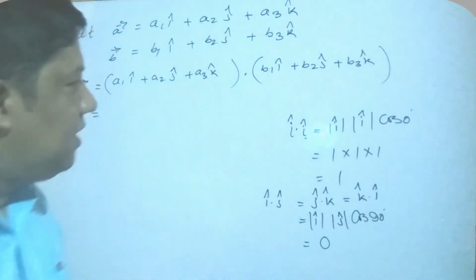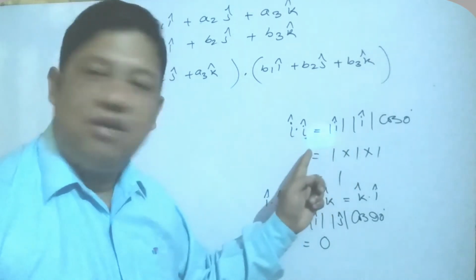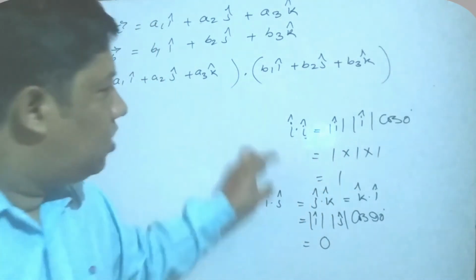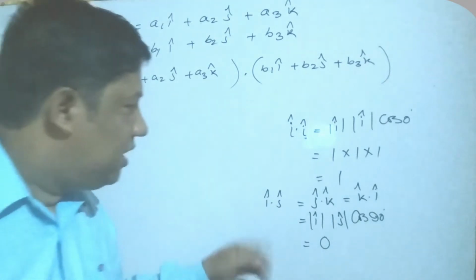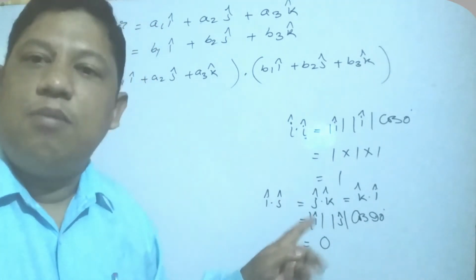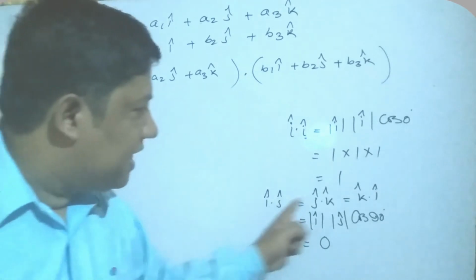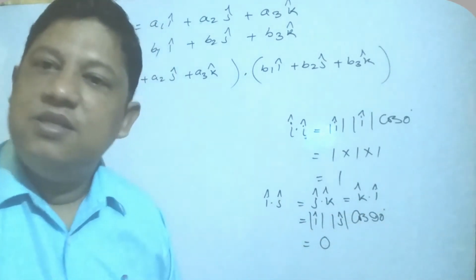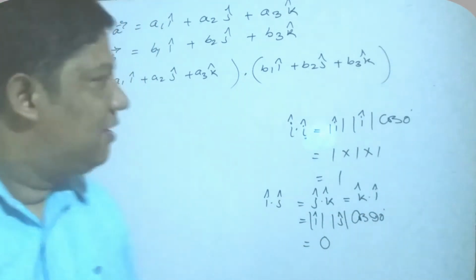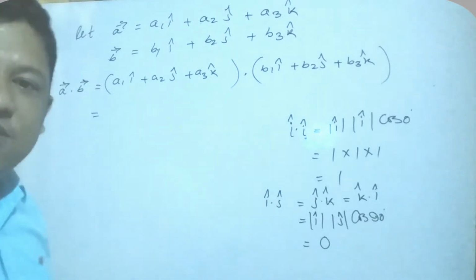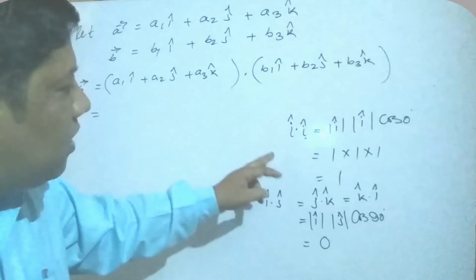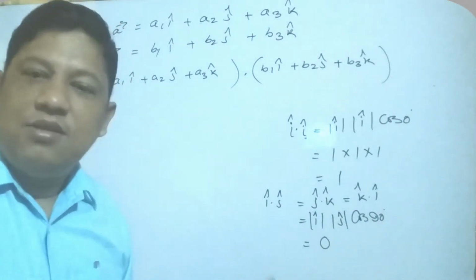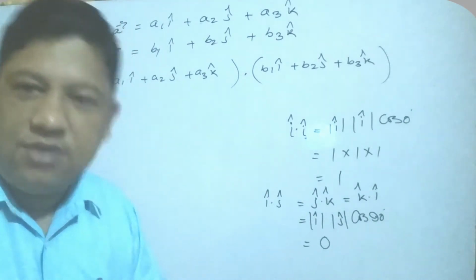That means all will be 0. So my students, if the same numbers come, that means direction is same, then that number you have to write. But if the directions are not same, they are mutually perpendicular. In these cases, all the values will be 0. So my students, the necessary and sufficient condition is that if the two vectors are perpendicular, then dot product equal to how much? 0.